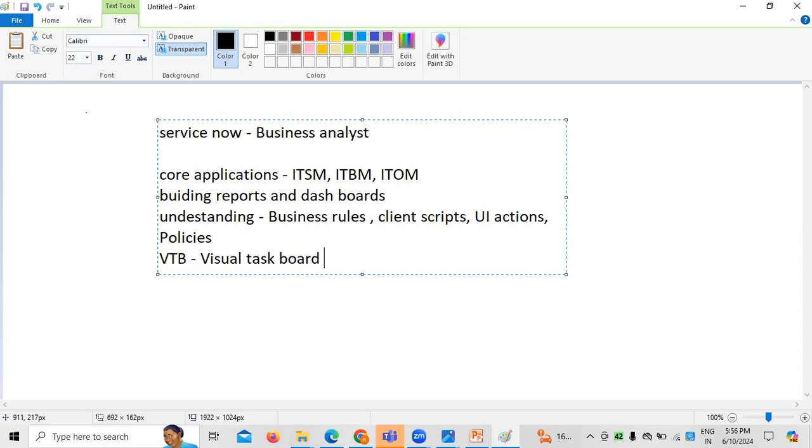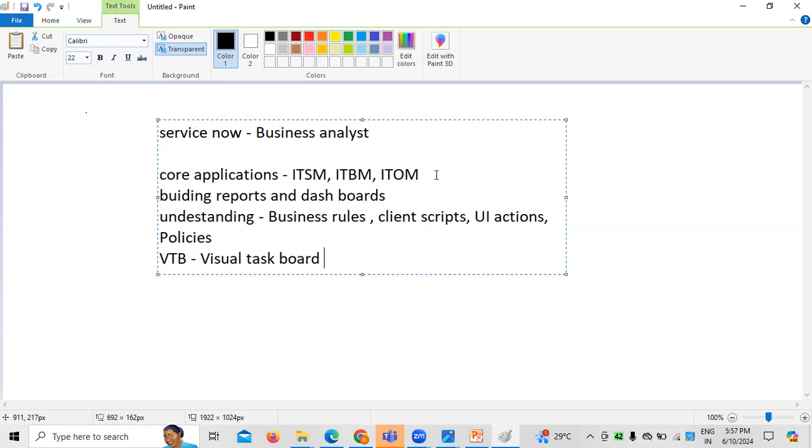Along with this, of course, knowledge of the software development lifecycle, SDLC, right? So agile and all, that I have already discussed in the previous session. So you know that. These are the core and important elements. Of course, there are a few things earlier as well, but at the end of the day, being a business analyst in the context of the ServiceNow application, apart from the documentation, apart from preparing BRDs, functional and non-functional requirements, software requirement specifications, and if you are following agile practices, writing user stories using Jira.